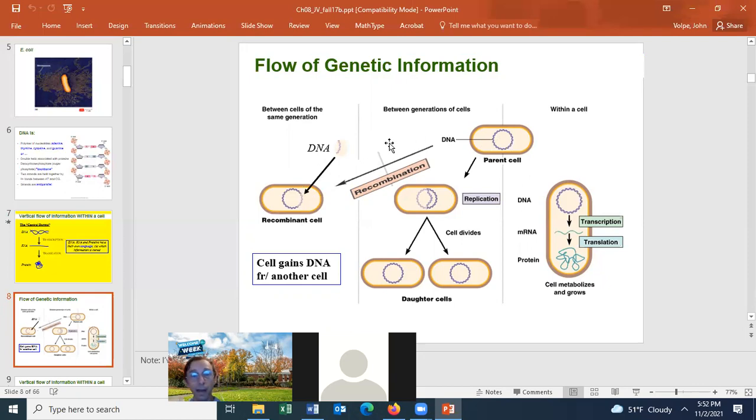And please note, I've broken and changed this graph to make it a little clearer that DNA from here doesn't recombine to there, because if you knew anything about genetic recombination, that's not what they're talking about. They're talking about the DNA coming out of this cell and then going into that cell. Any question about any of that?